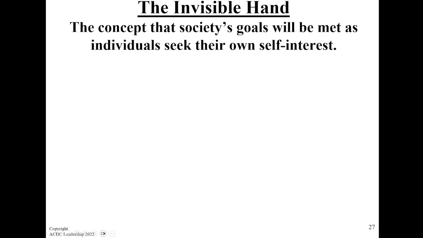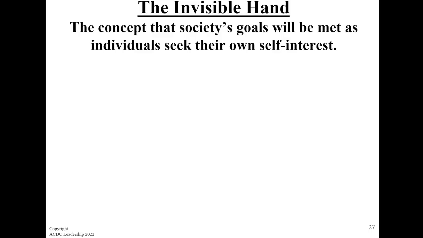So the invisible hand is a common concept we'll use in economics, which essentially means that society's goals will be met so long as individuals seek their own self-interest. Meaning that businesses just have to worry about the goods they're selling.